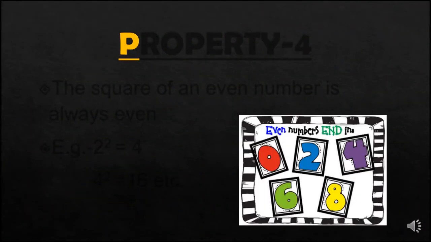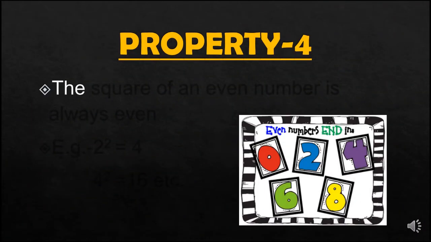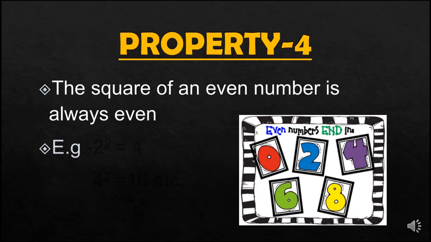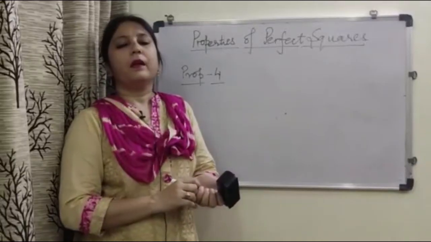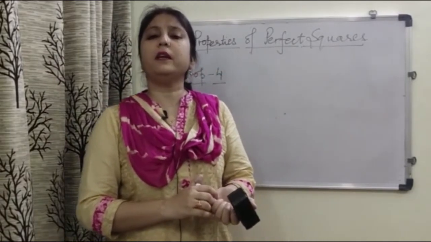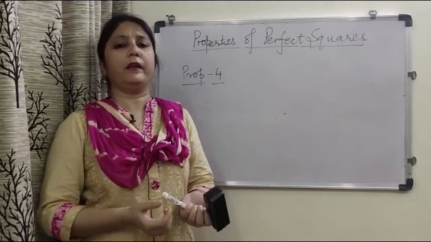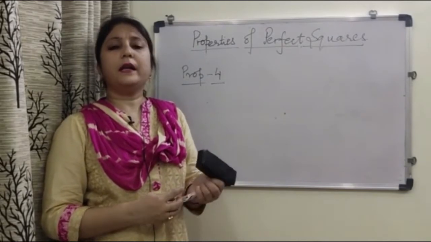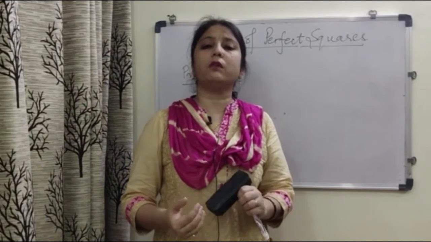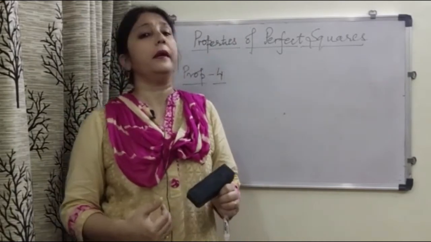According to property 4, the square of an even number is always even. For example, the square of 2 is equal to 4, the square of 4 is equal to 16, etc. From the property, you have studied that the square of an even number is always an even number. Again, I have to recall that table where we had squares of numbers from 1 to 9.